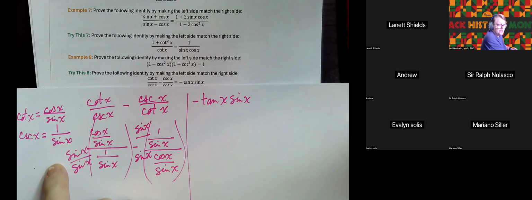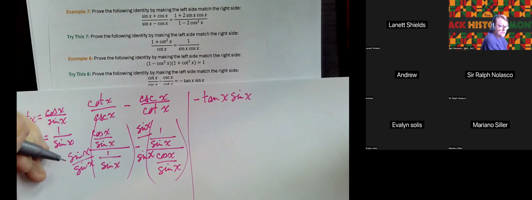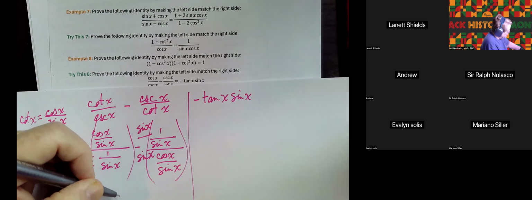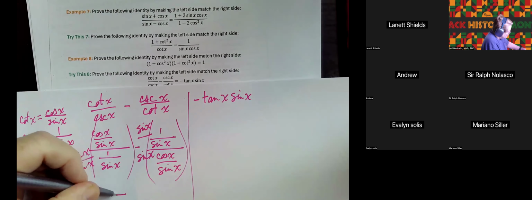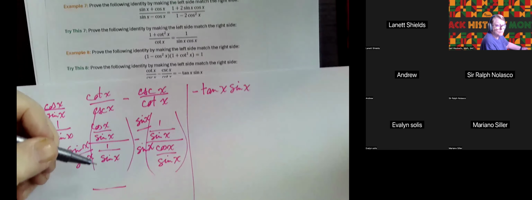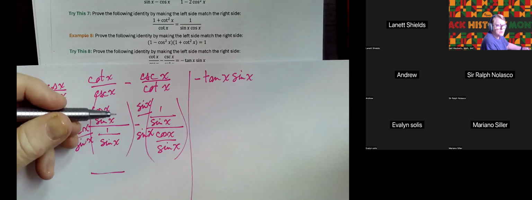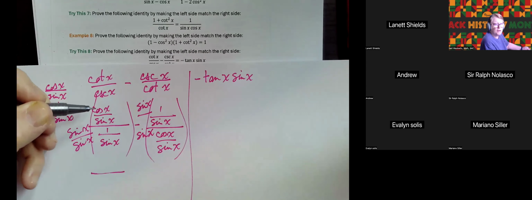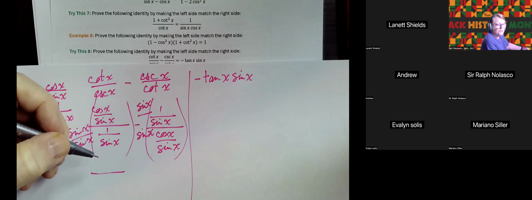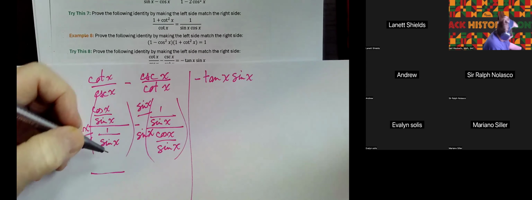So with the first fraction on the left, the sines in the numerator divide out. What are we going to be left with in the numerator of the first fraction? If we multiply cosine over sine by sine, what divides out? Cosine. Yeah, good.